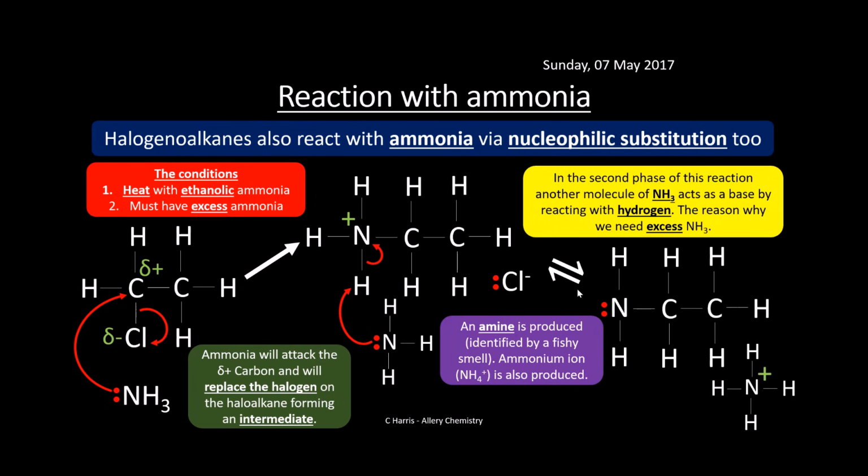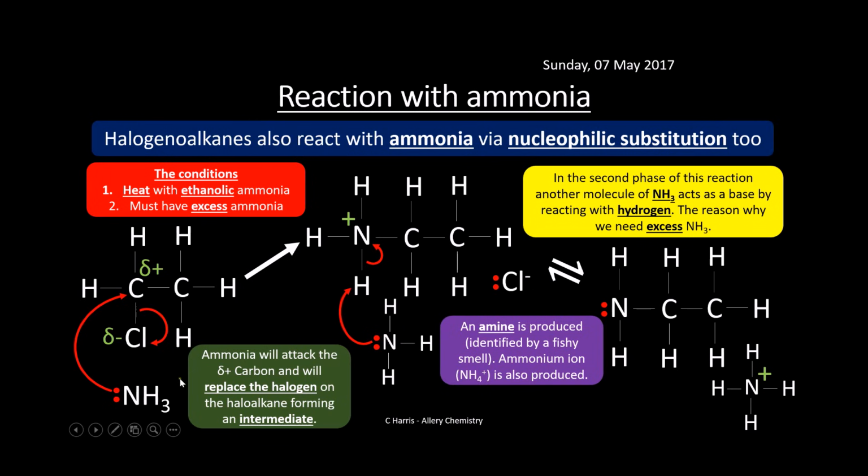So the amine is produced. We can identify an amine by this kind of fishy smell, so it's very distinguishable. And the ammonium ion is also produced. This is NH4+, as you can see here. But we form an amine, which is this one here. Okay, so make sure you're able to identify this as an amine, and it can be formed via this mechanism.